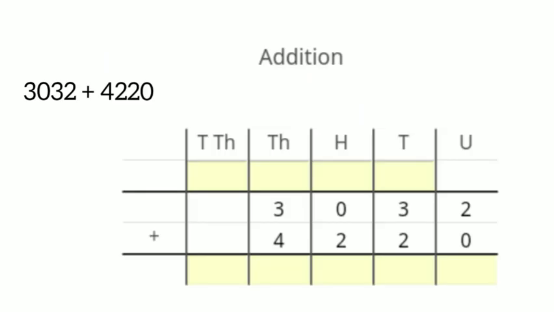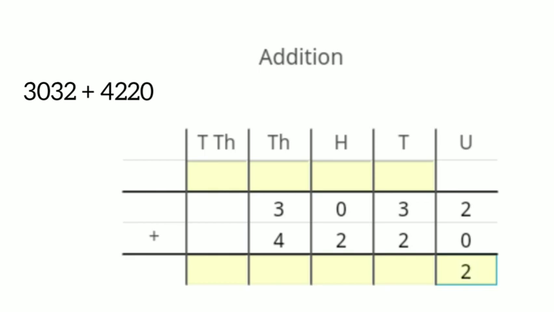Now students, look at this example. 3032 plus 4220. We will arrange all the digits at their places. Now we will start addition from the unit place. So 2 plus 0 we get 2.